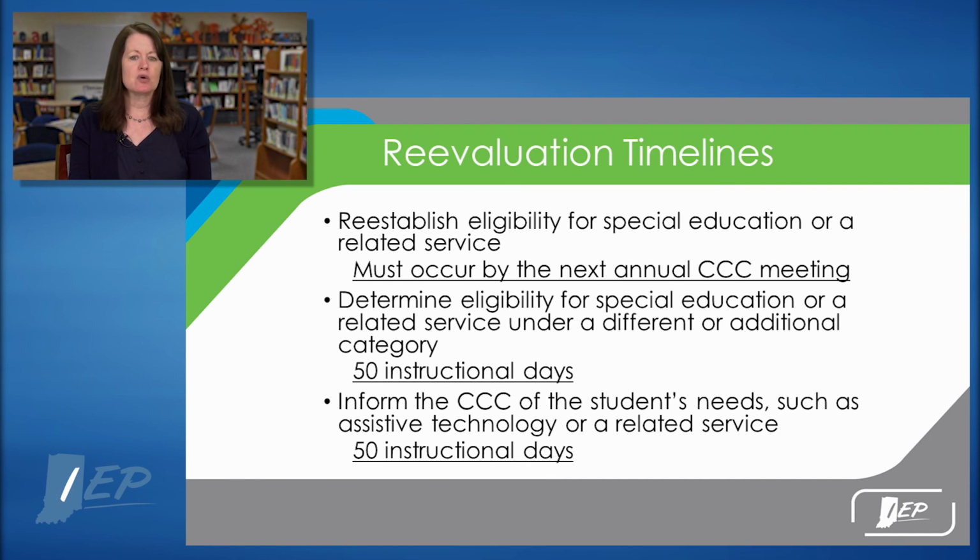And by the same token, if we need reevaluation information in order to basically tell us what we need to do here to inform the committee of what the student's needs are, whether those needs are things like assistive technology or maybe a related service, then we need to meet within 50 instructional days, because we're basically saying, I need more data in order to know what to do to support the student, and we don't want to wait until the next year to do that.